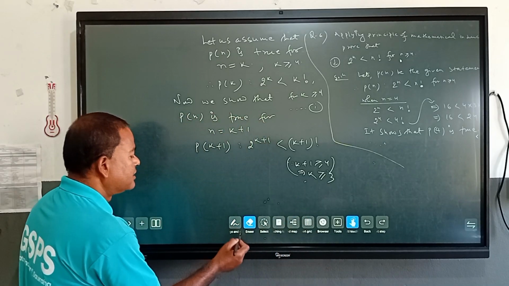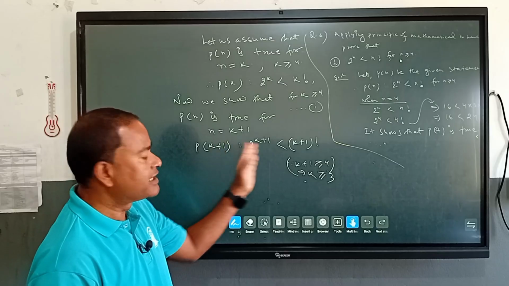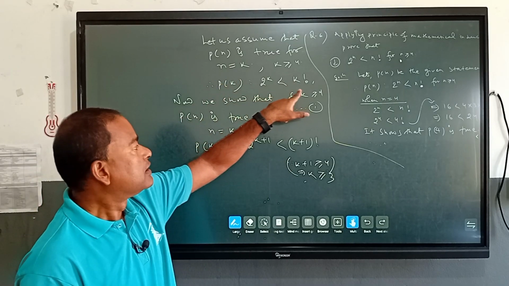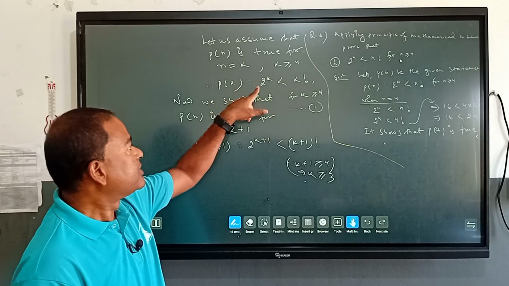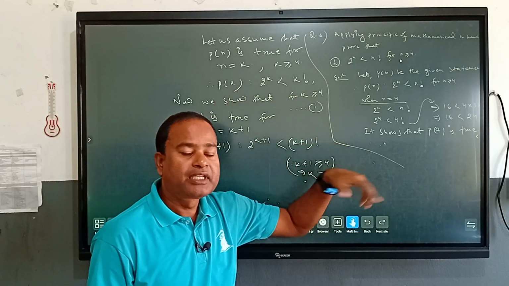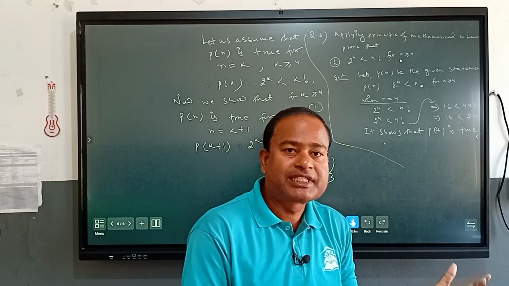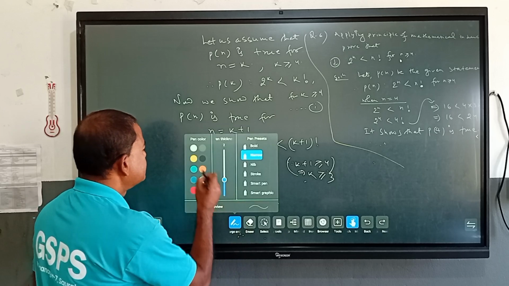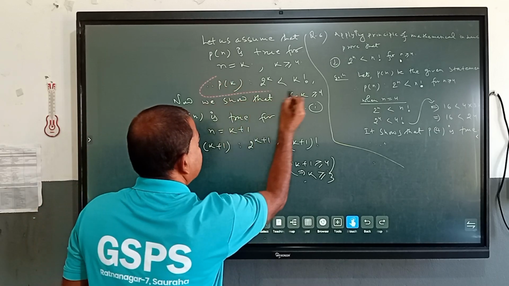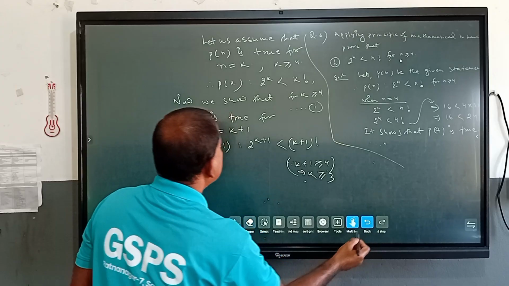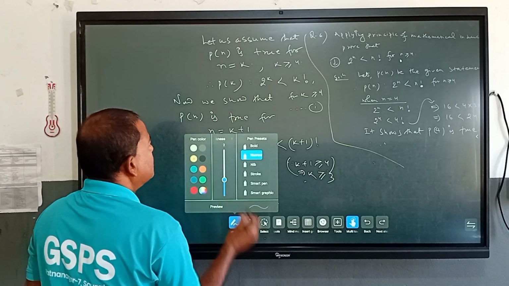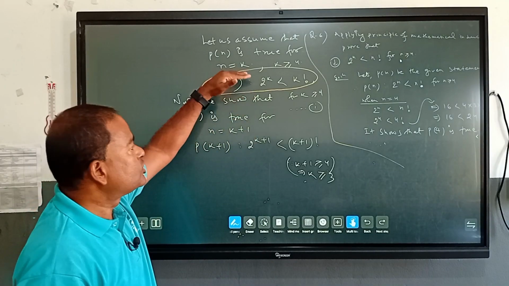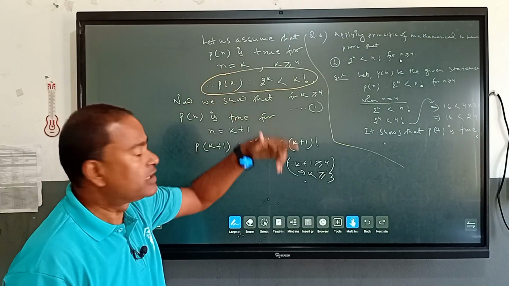Dear students, now in order to prove that the statement is true for n equals k plus 1, we are going to use that the statement is true for n equals k, because we have already supposed that the given statement is true for n equals k.